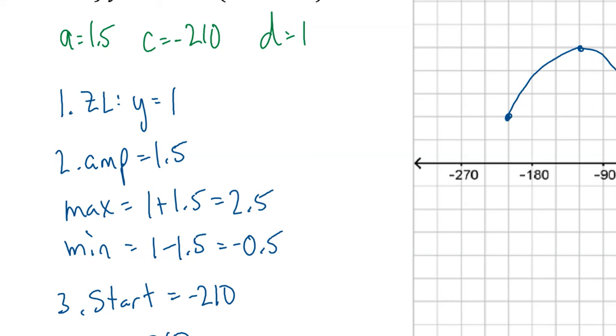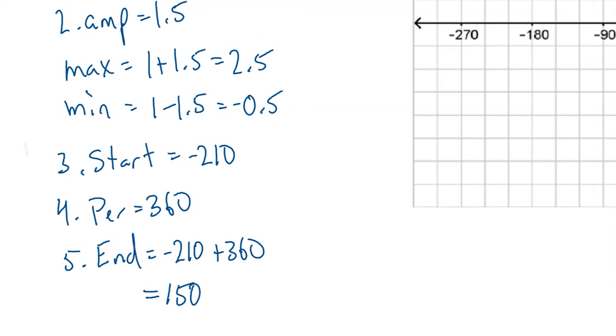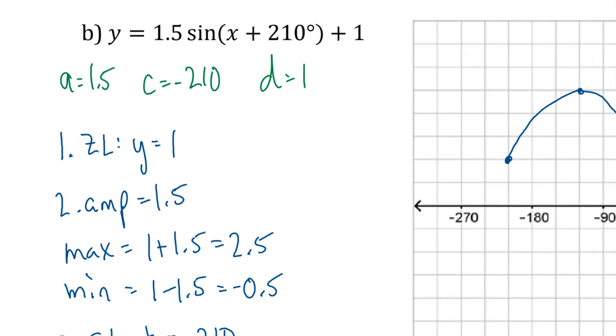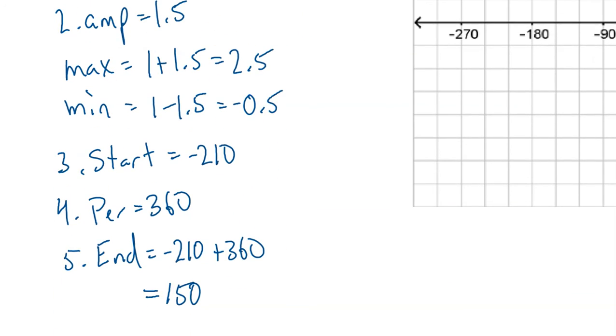I'm going to talk more about that in a moment. Those are the first two steps. Step 3 is your start. So that's your C value. Again, adding 210 means a shift to the left, 210, so my start has to be negative 210. Our period is always 360, and the end is the start plus the period, and that works out to 150.